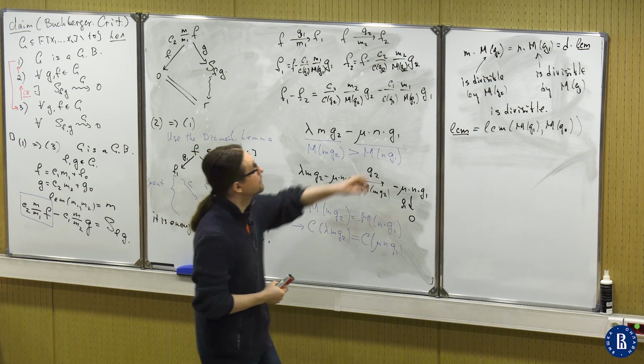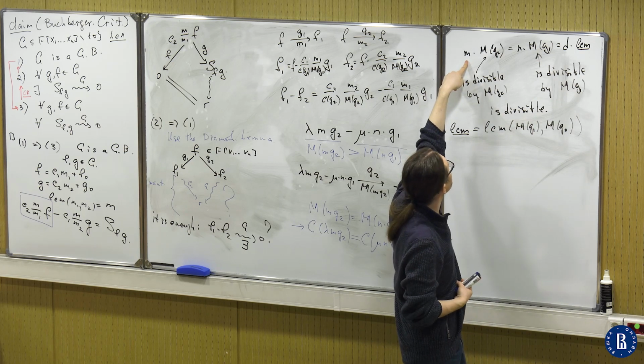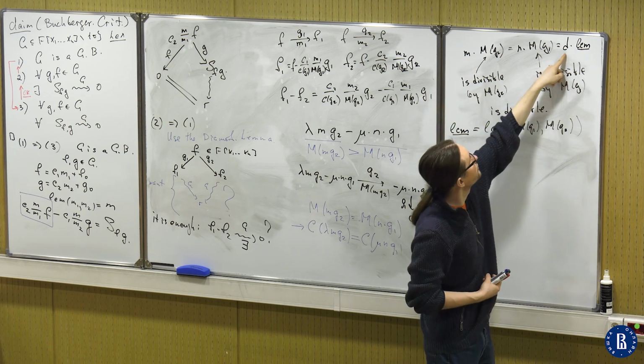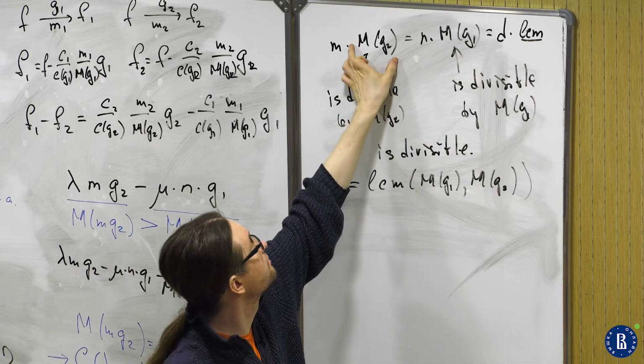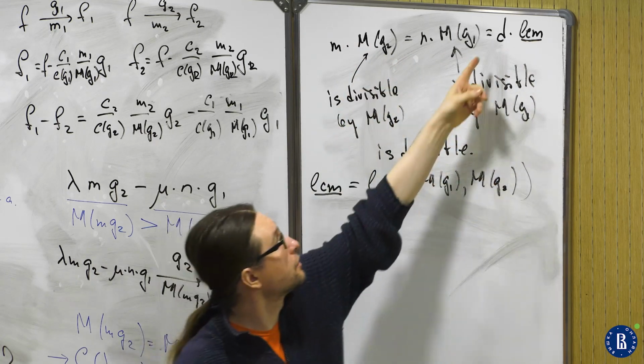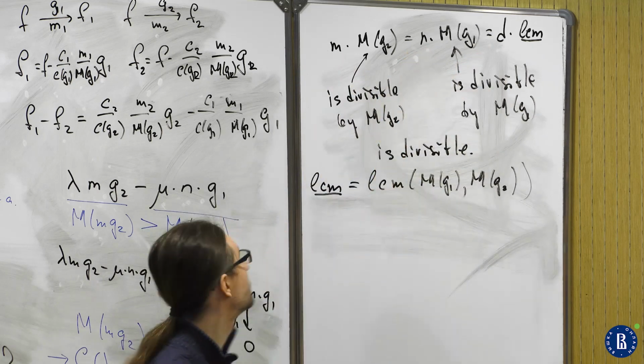And also, D actually divides M, and D divides N. Well, because LCM is this monomial times something, so D is just a part of this monomial, and also D is just a part of this monomial.